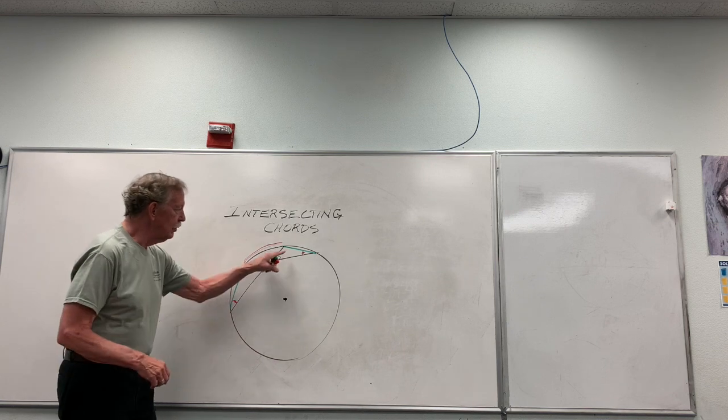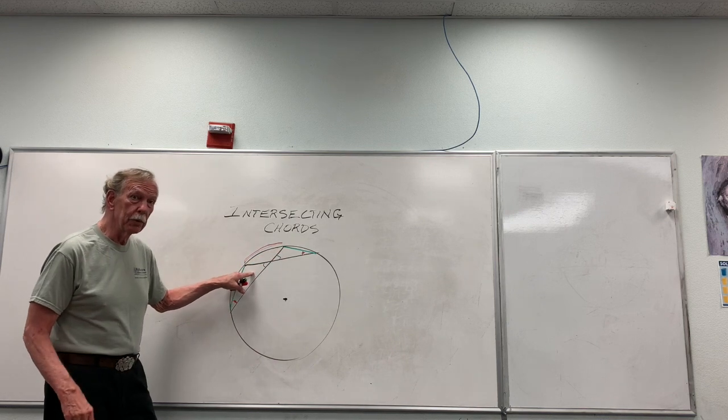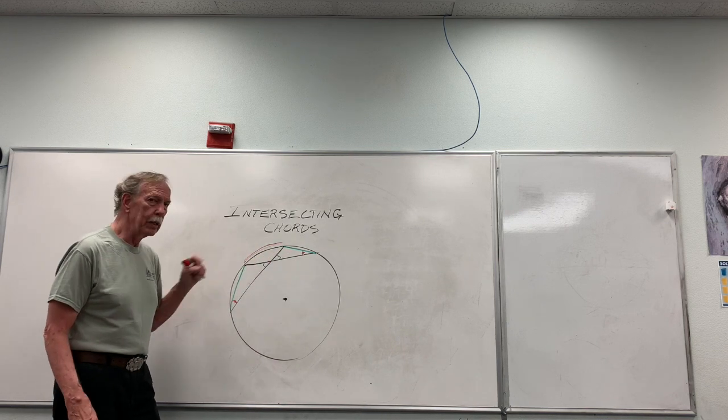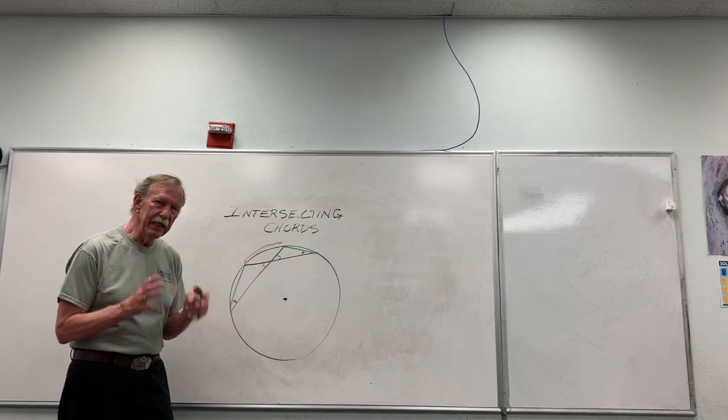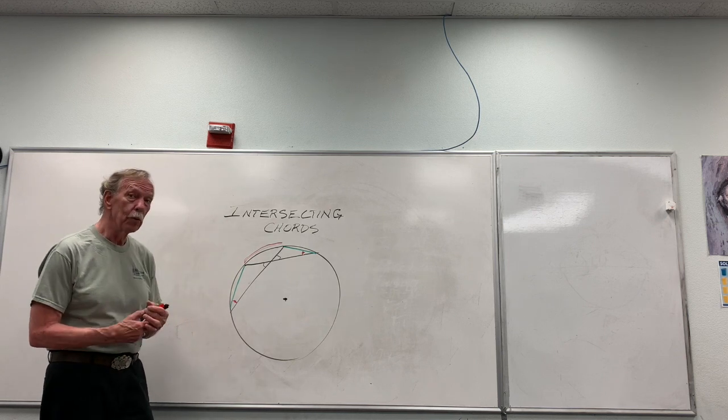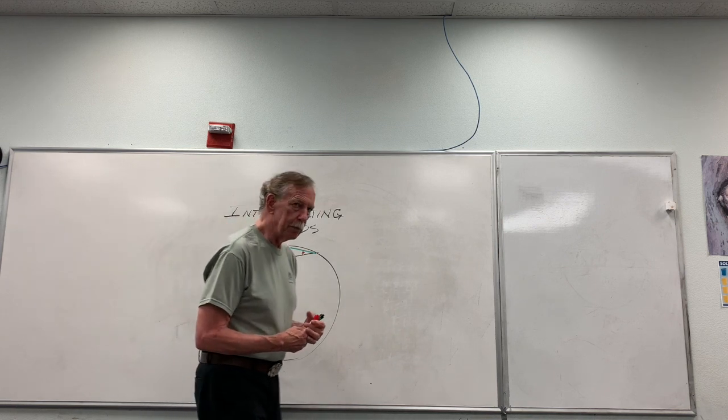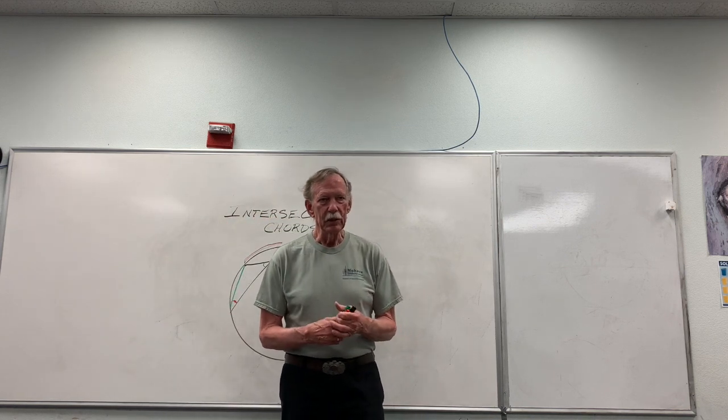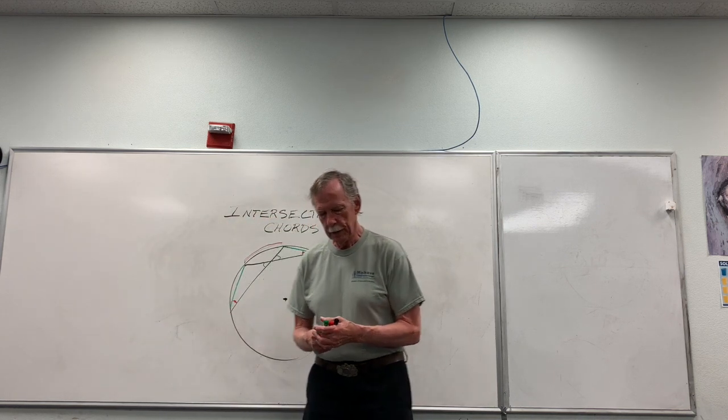That means that these two triangles, while not congruent, are similar. And that means the pieces are in the same ratio. Similar triangles are in the same ratio.